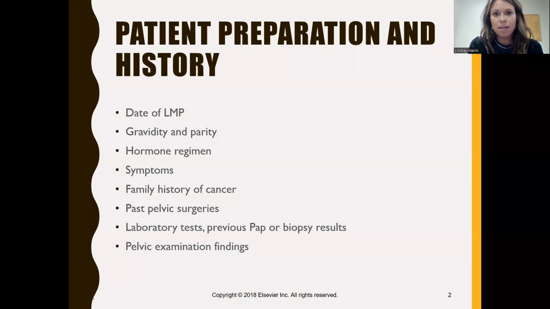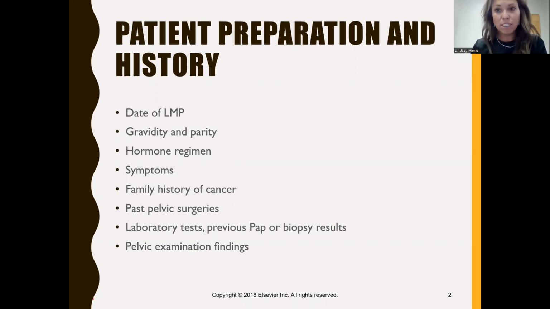So I ask my patients, a huge thing that we can ask them is, when was your last menstrual period? Because that's going to determine how thick the endometrium is, or how the ovaries look. I also ask if they've been pregnant before, which is gravidity, and parity is how many deliveries they had.